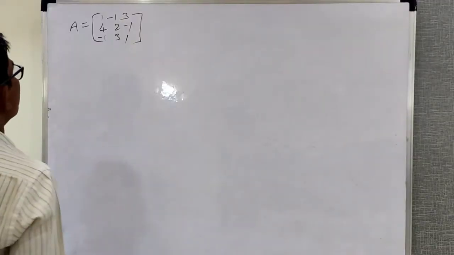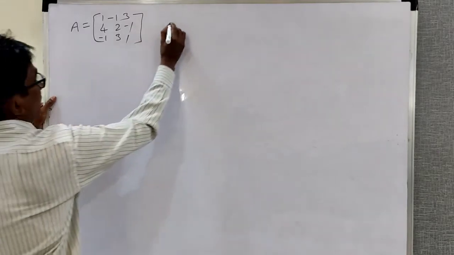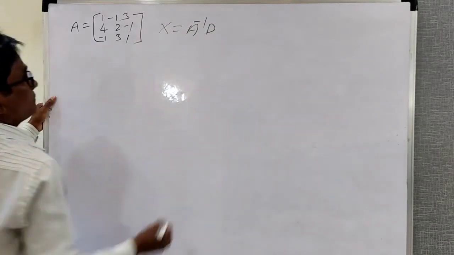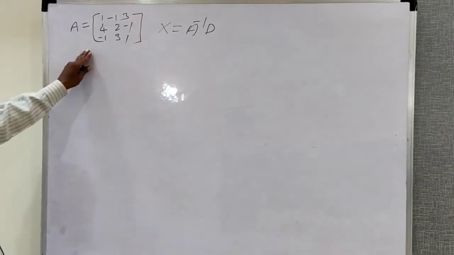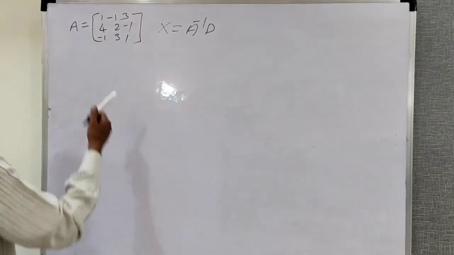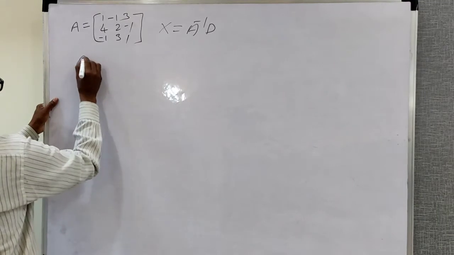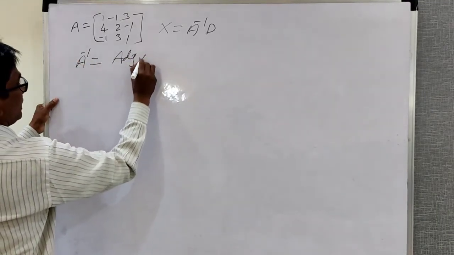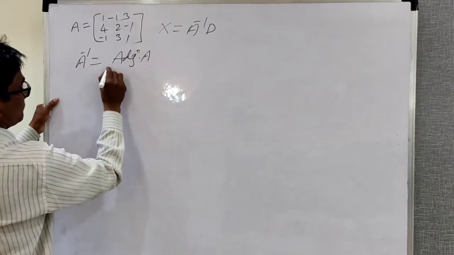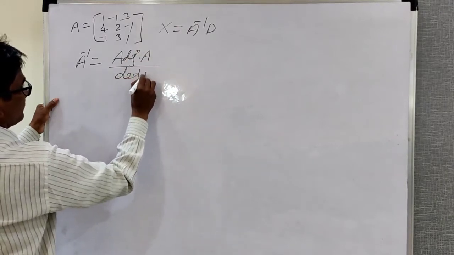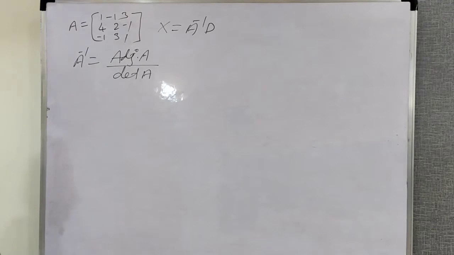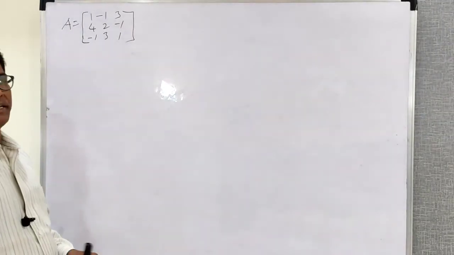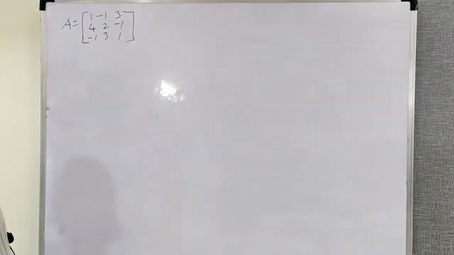So guys, X is equal to A inverse D. So we have to find out A inverse by using A matrix. So what is A inverse? A inverse means adjoint of A by det A. So friends, X is equal to A inverse D. So how we can find out A inverse?